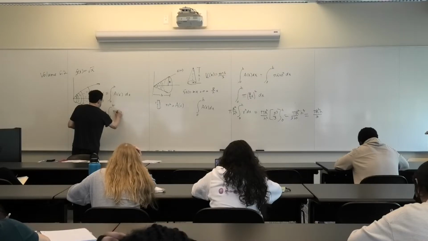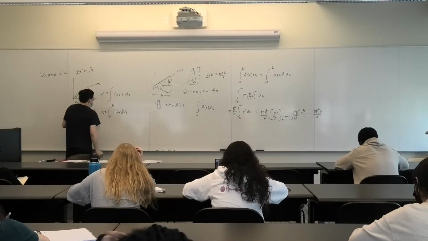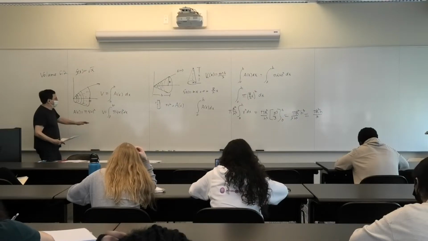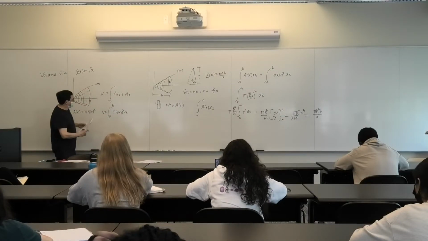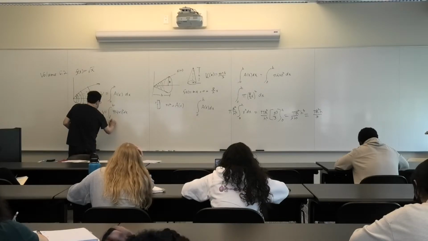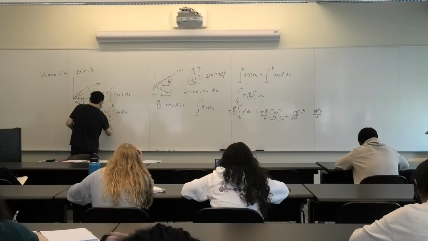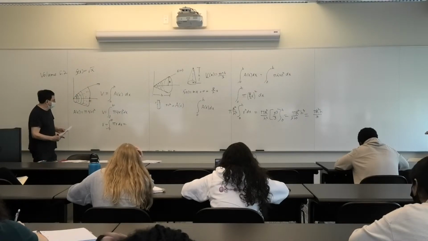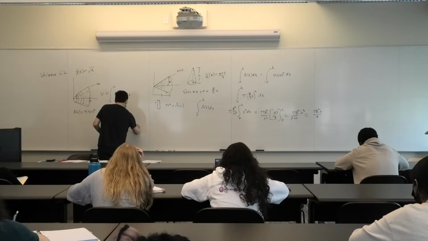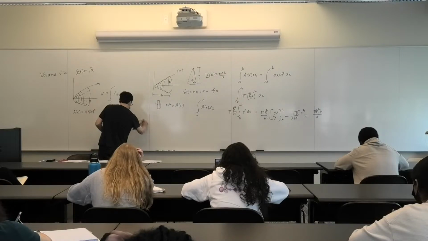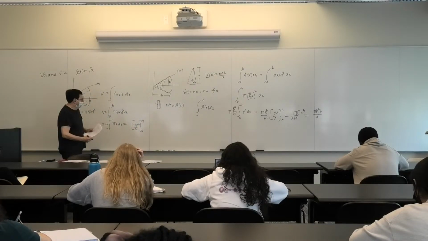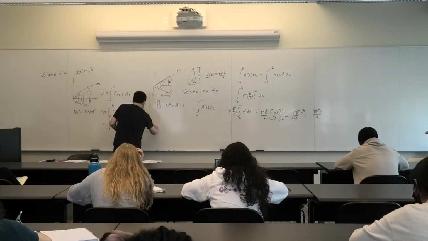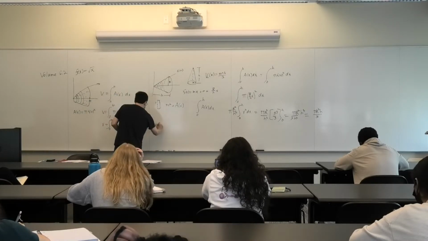Pi times f of x squared dx. But f of x is square root of x, so it turns out to be an easy problem. Easy integral. So this just turns out to be pi h squared over 2.